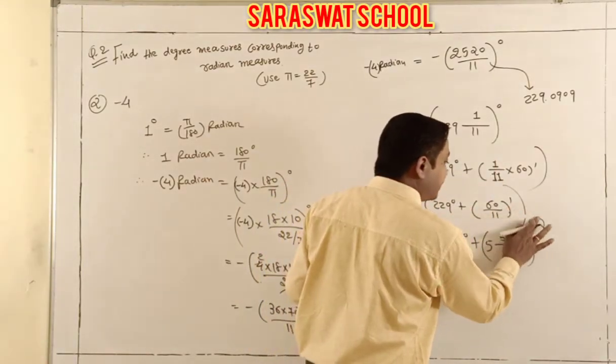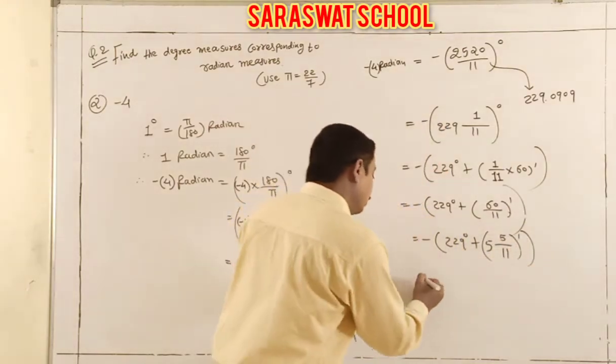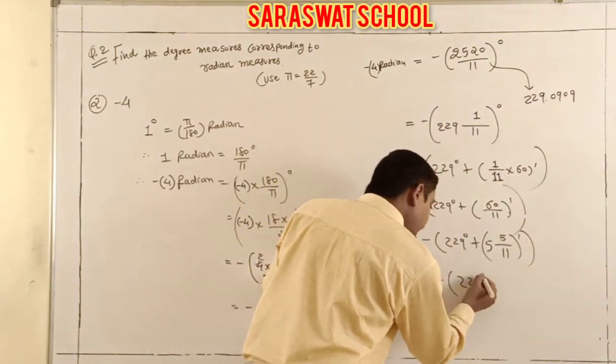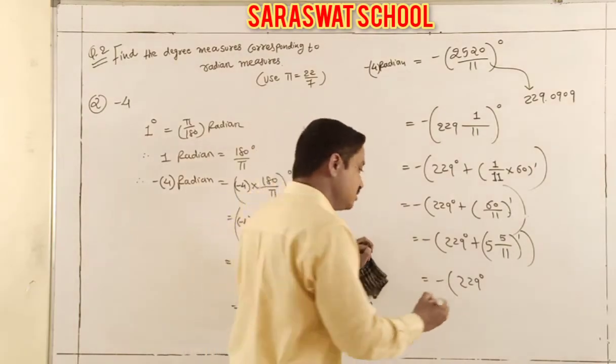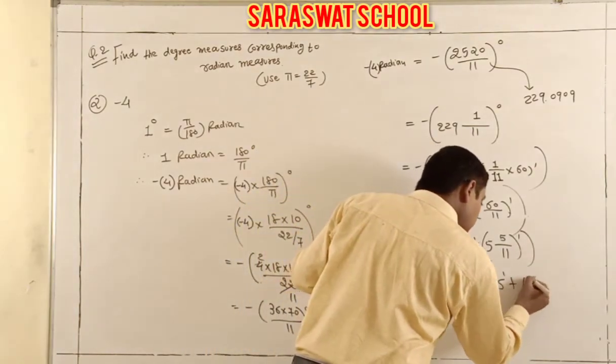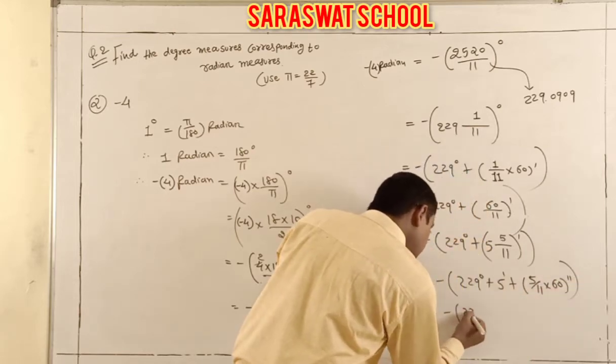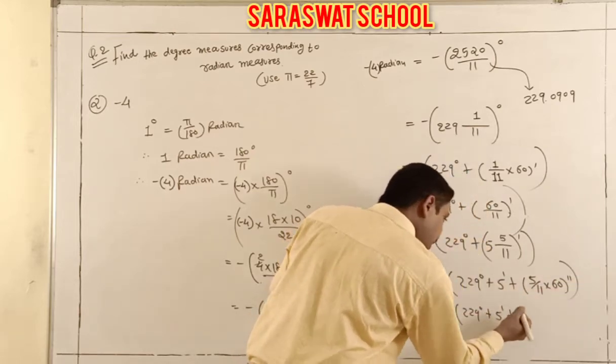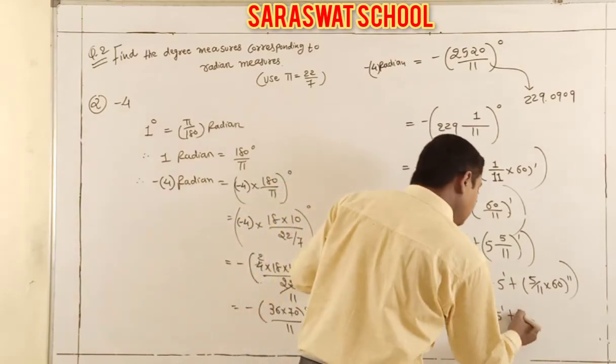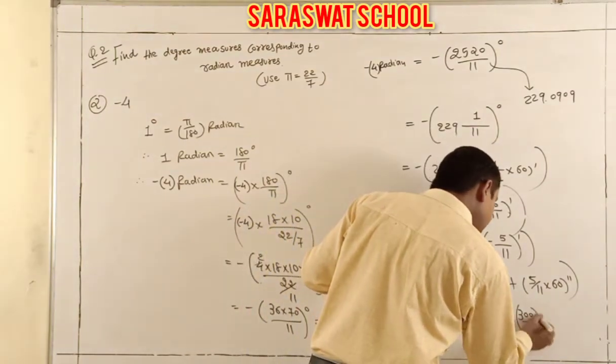If you do not divide there, it is 5.5. So minus 229 degree, 5.5 means 5 point something: plus 5 minutes and 5 by 11 into 60 seconds. So finally we get 229 degree, 5 minutes and here 300 by 11 seconds.